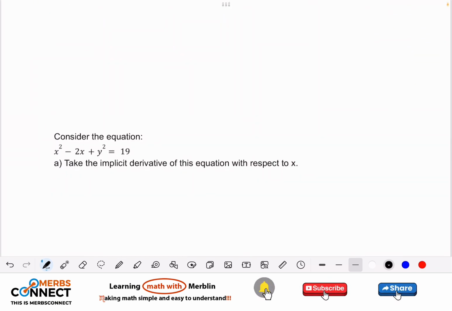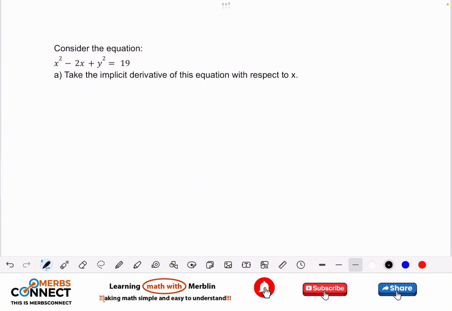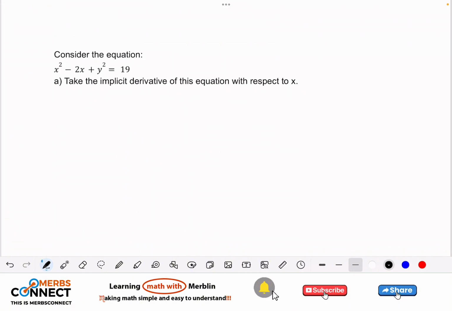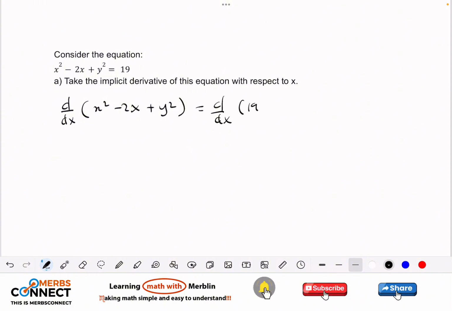Let's do the last one. The last one, you can pause the video, do it, and then confirm the final results. So let's take the derivative on both sides. d over dx of x squared minus 2x plus y squared is equal to d over dx of 19.